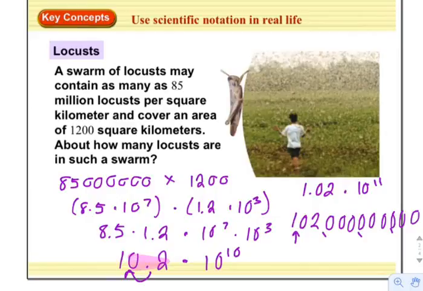So this is actually 102 billion locusts in that swarm. But again, like I said, either answer would be correct. You may want to check your work and think about, is this a reasonable amount of locusts? It looks like it probably is, looking at the photograph right here. So I would say yes.